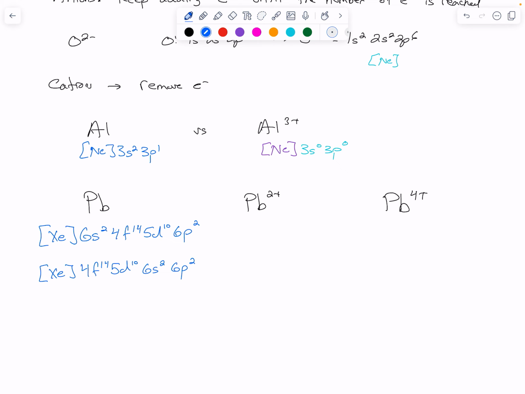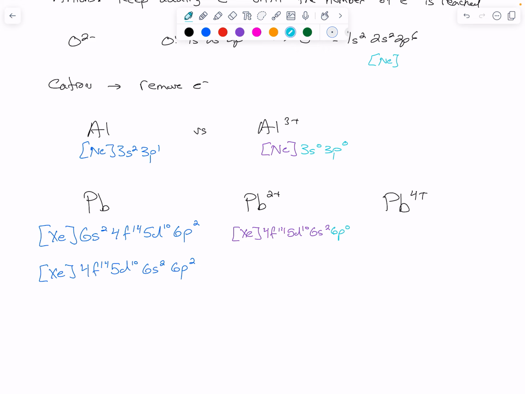So Pb2 plus would still be xenon, 4f14, 5d10, 6s2, but there's no 6p.